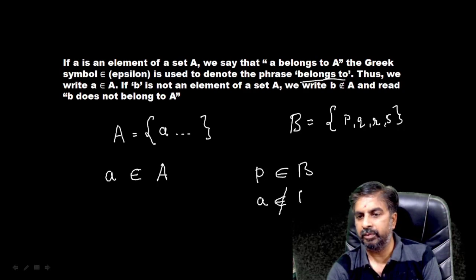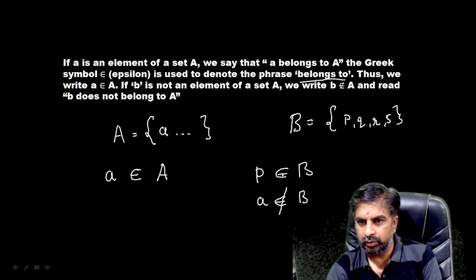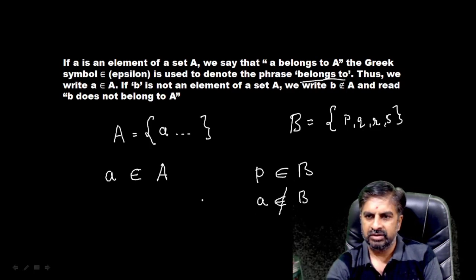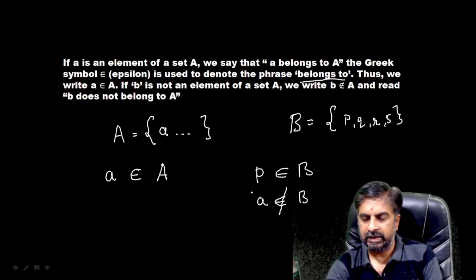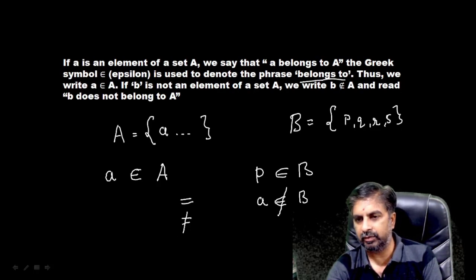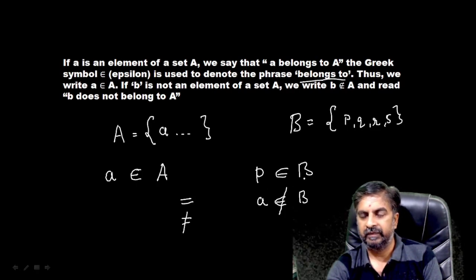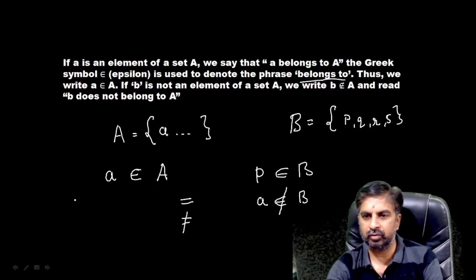So a does not belong to B. So this you need to understand. This is belongs to, this is does not belong to. These symbols you just need to remember. Okay, this is like, we have studied about equal to and not equal to, where we draw a line like that. Here also this is does not belong to. Okay, so this point they had taken, so I am taking it.